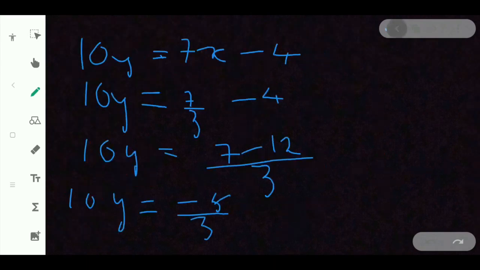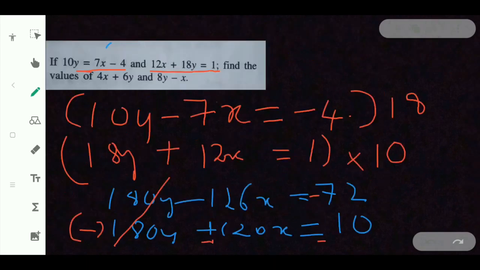Now let us go to the second part of the question. What they asked to find is 8y minus x.